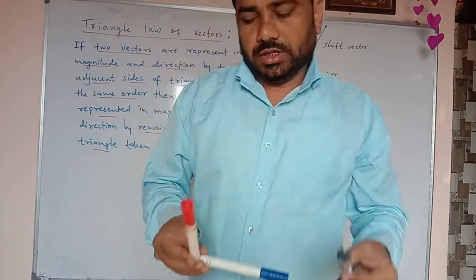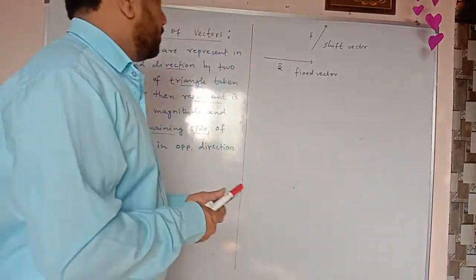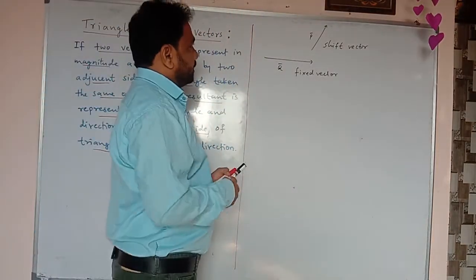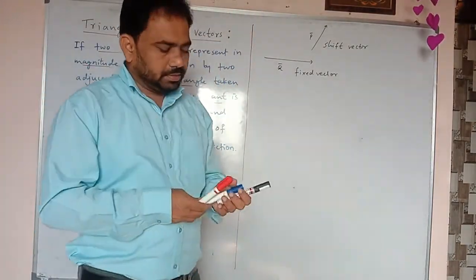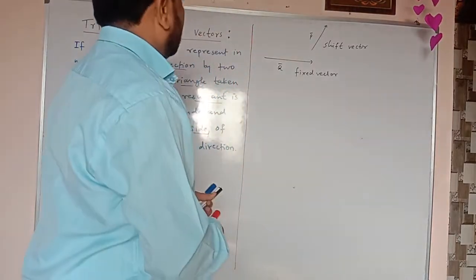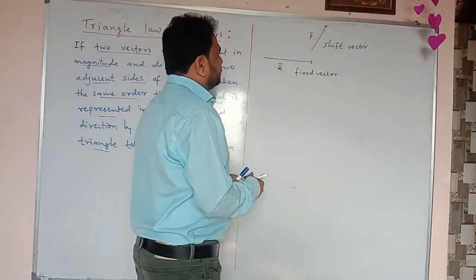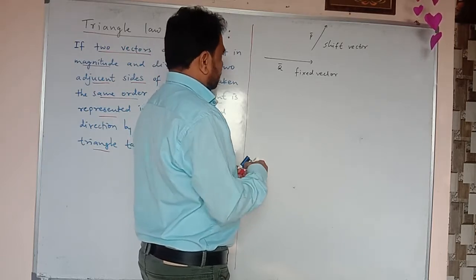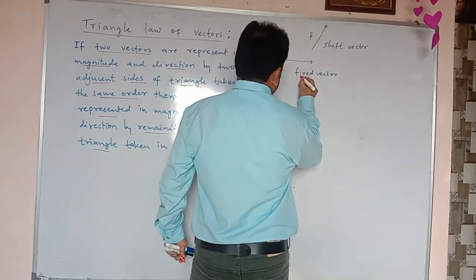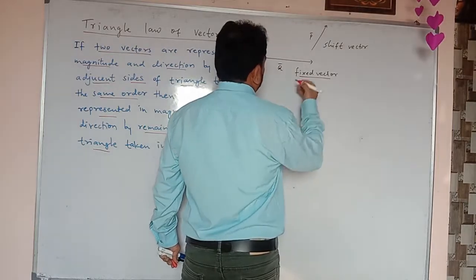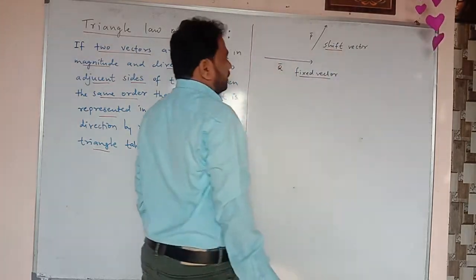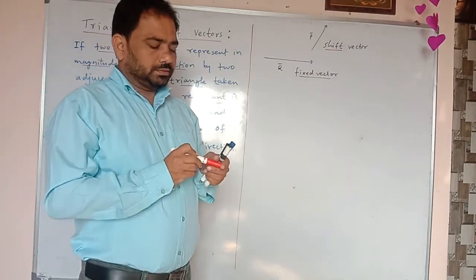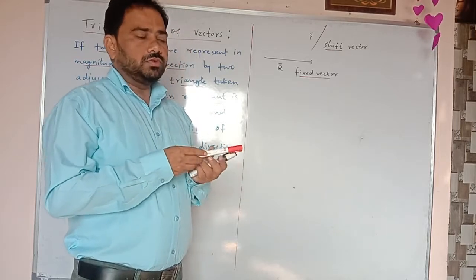Okay, so let us try to understand by using one example. Suppose in this example two vectors are there, one is a fixed vector and another is a shift vector. Fixed vector means it cannot move anywhere.